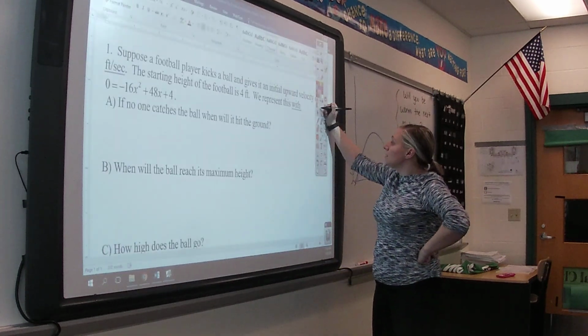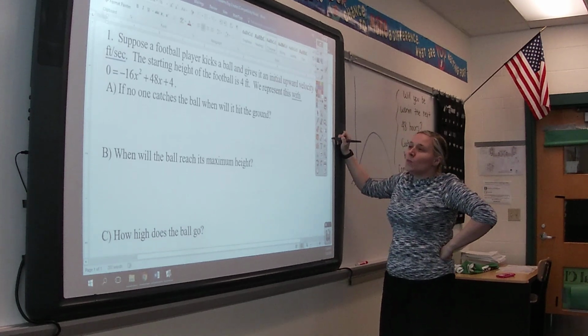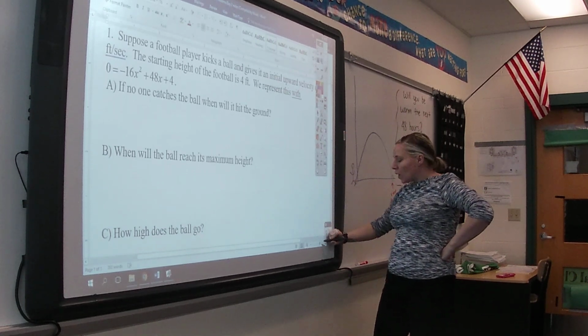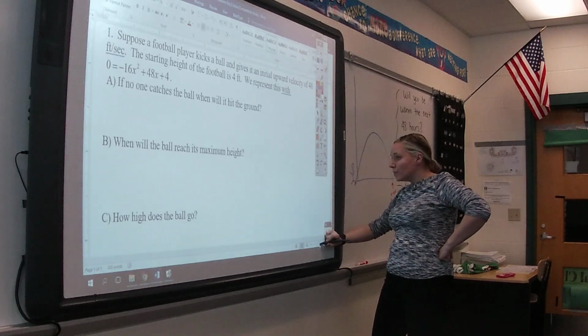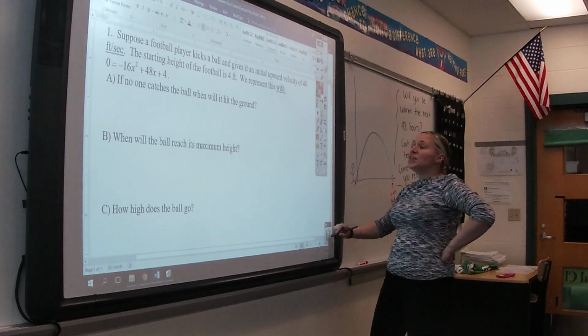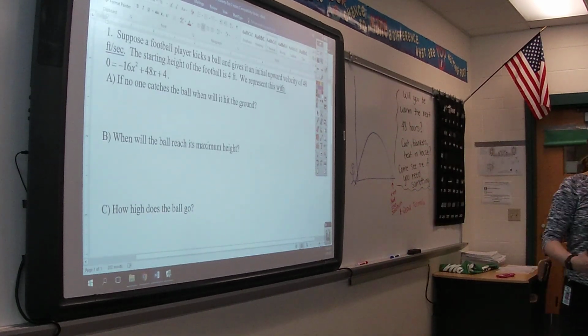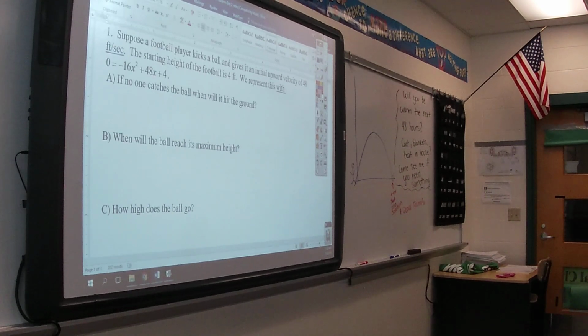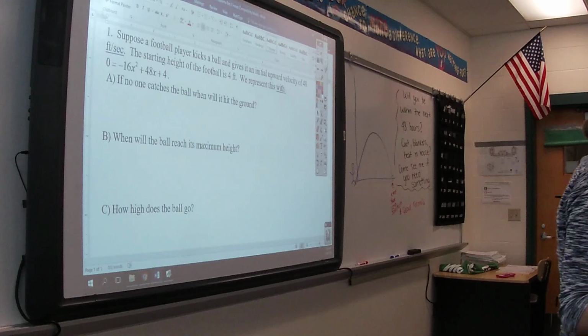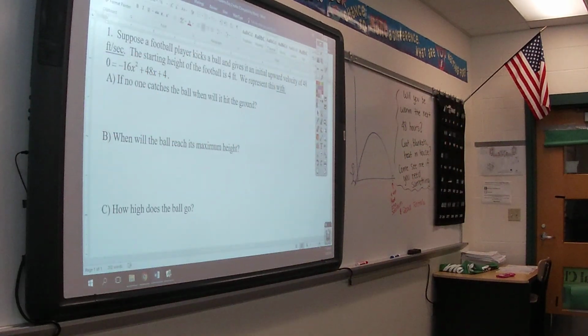You should notice that what we're looking at here looks almost exactly the same as what we just looked at with finding when it would hit the ground. The difference is that now we're going to be able to find more pieces. It still has very little to do with all the words in the story problem, and it has everything to do with understanding how we find a vertex and what that vertex represents.